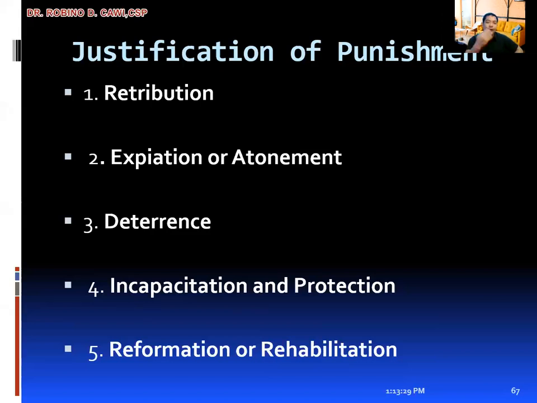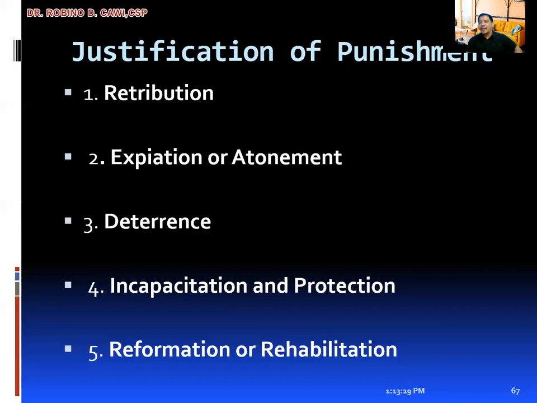And then, of course, we have the obvious reason why we provide the punishment, and that is deterrence. When we talk about deterrence, we are talking about the terrorizing effect of punishment. Right? When somebody is punished, you do not want to repeat the same mistake committed by that person, because you do not want the punishment that was given to him.